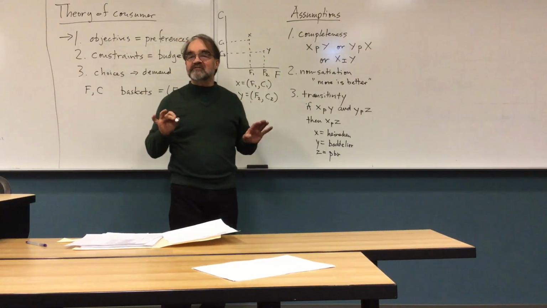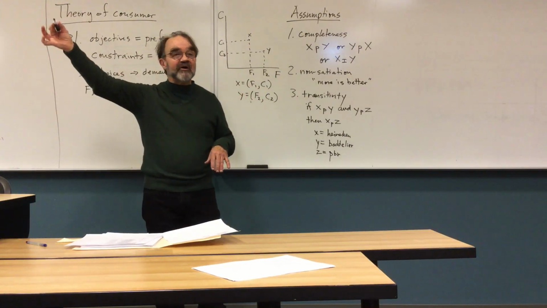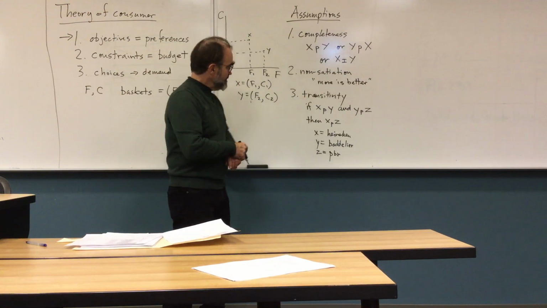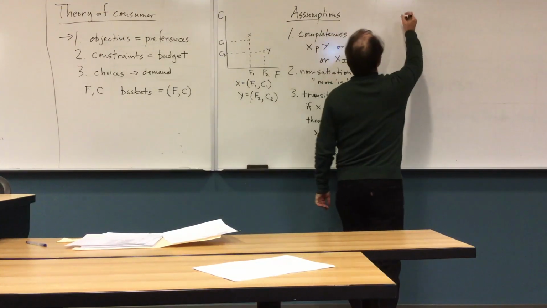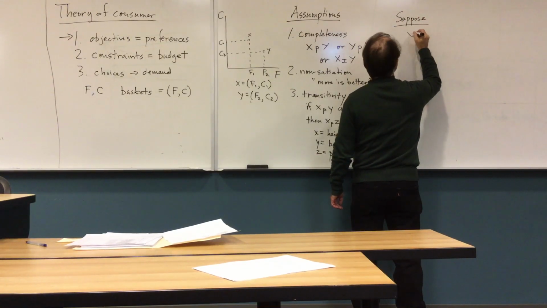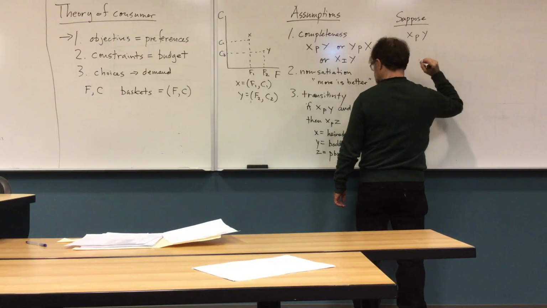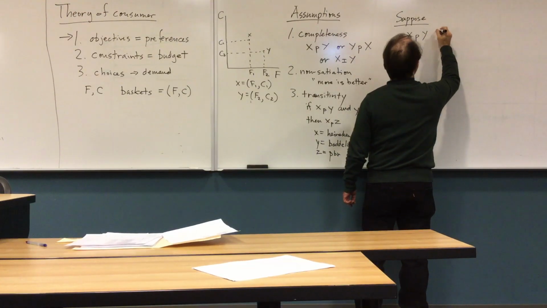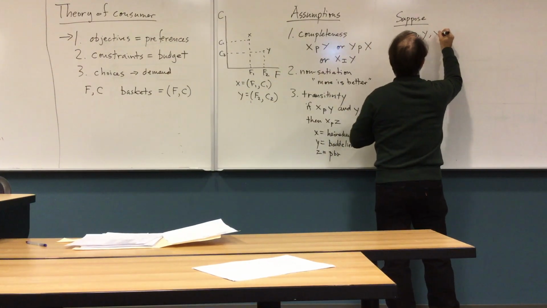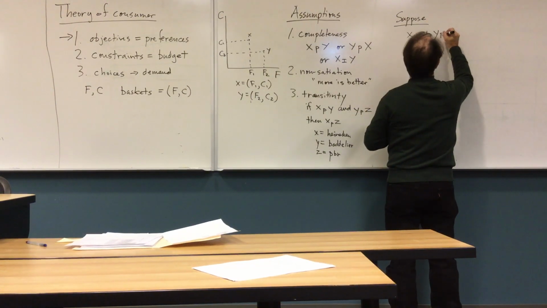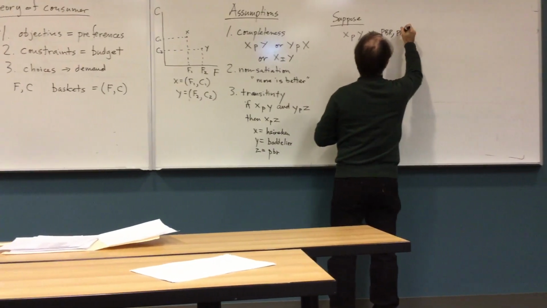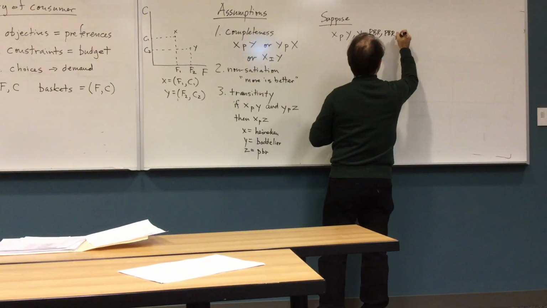Now suppose you meet somebody in a bar, and they have non-transitive preferences. So X is preferred to Y, so they prefer Heineken to Lagunitas, and they prefer Lagunitas to PBR, and however they prefer PBR to Heineken.